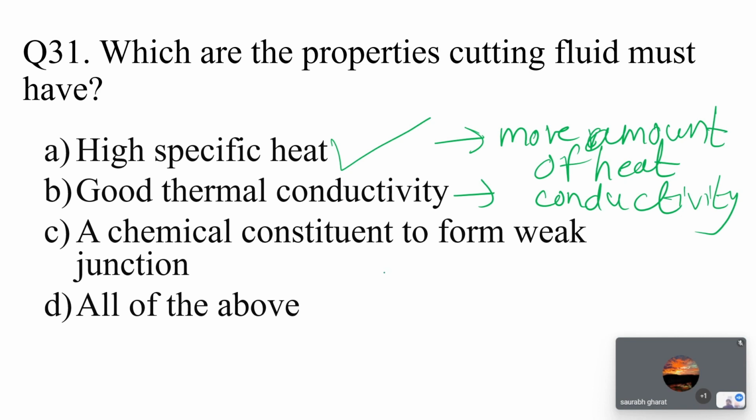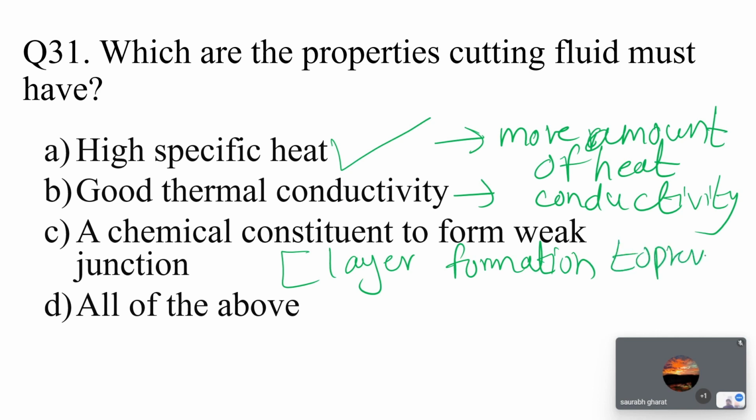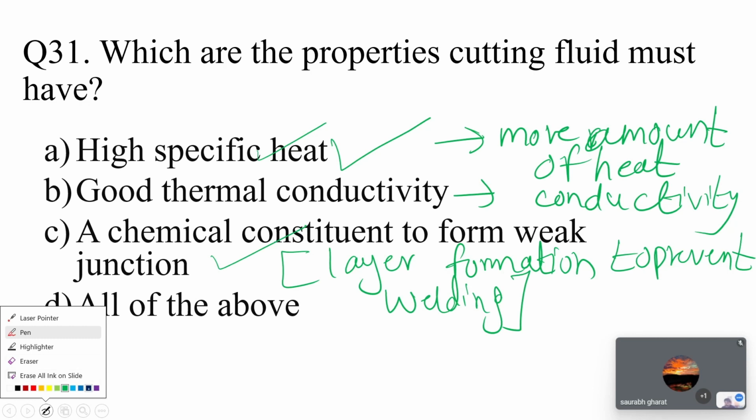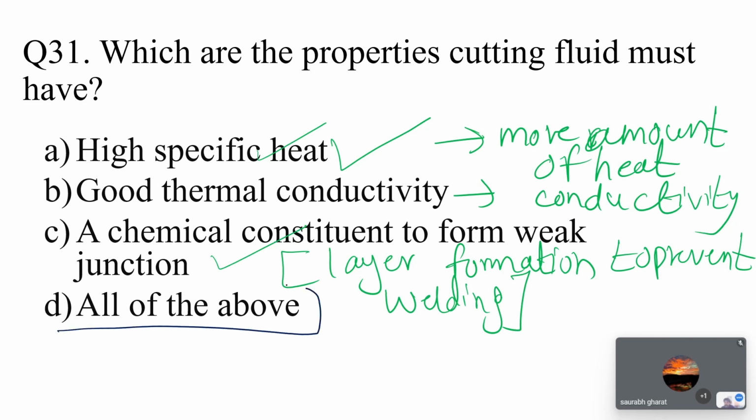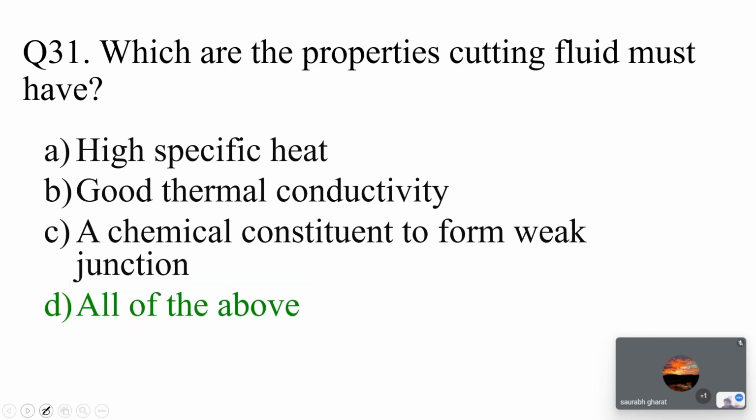A chemical constituent for weak junction, to form a layer and prevent welding. So everything is required, and strictly all of the above will be the correct answer here also.